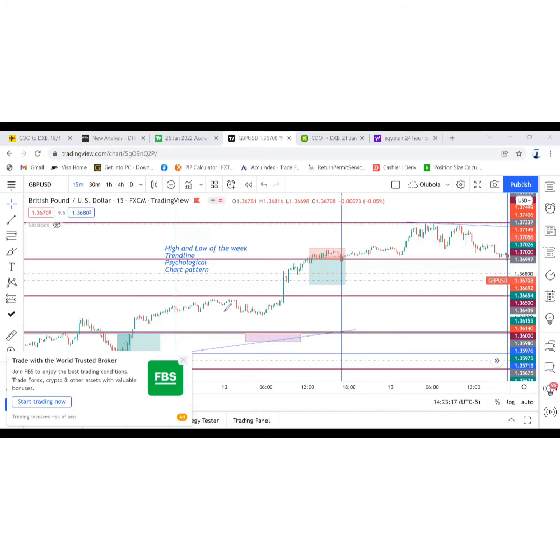That's just the simplest truth. My high and low wasn't there. Trend line wasn't present. Psychological level was present. Chart pattern wasn't there. And it went against me. So I have a losing trade for Wednesday.